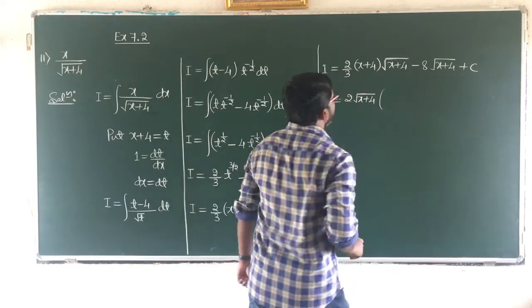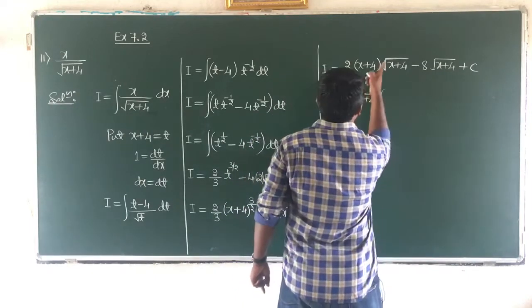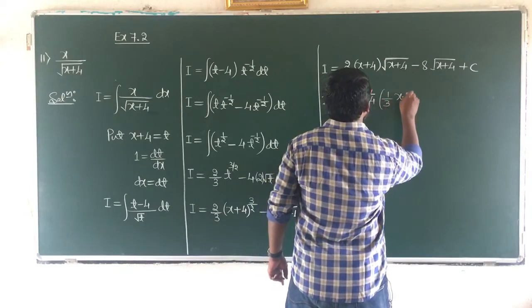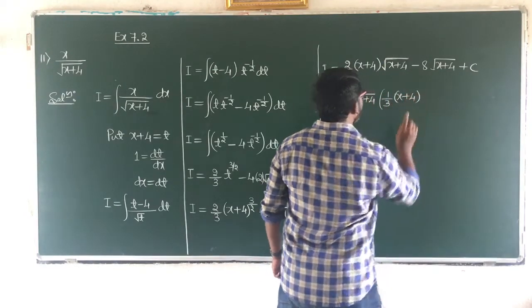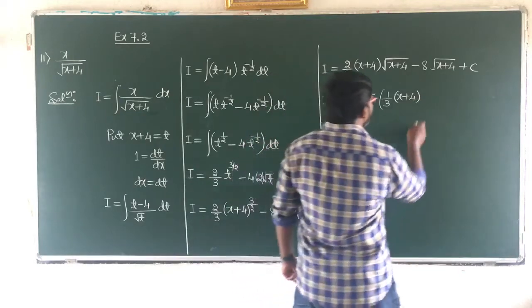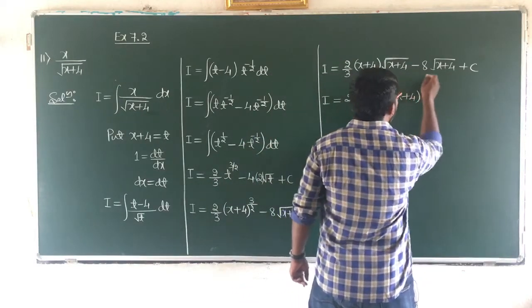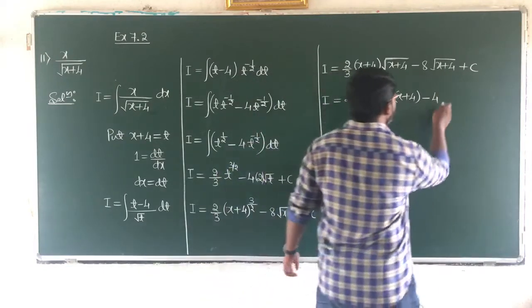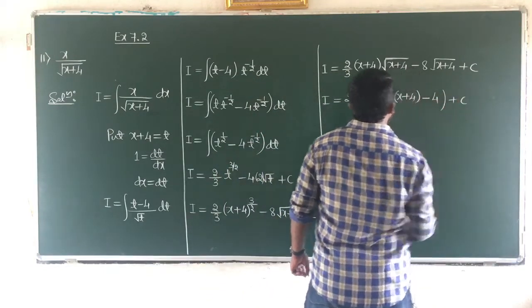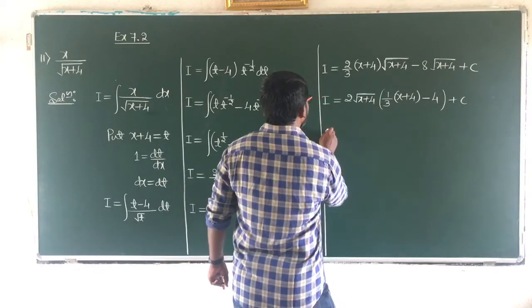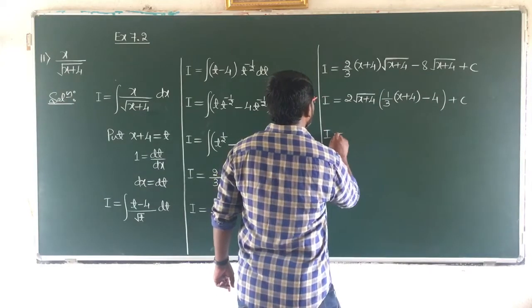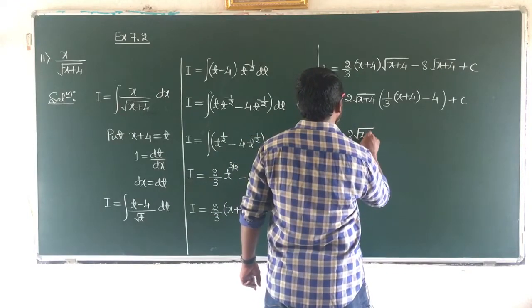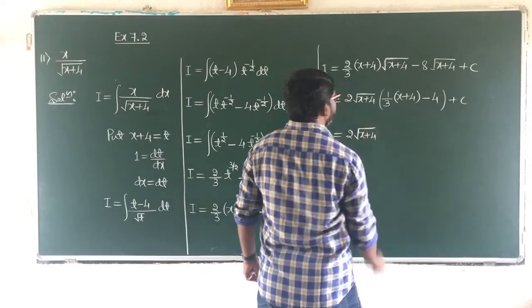So here we are left with 1 by 3 into x plus 4 minus, so I have taken 2 common, means here we will be having 4, then plus c. So now I is equal to 2 into square root of x plus 4.